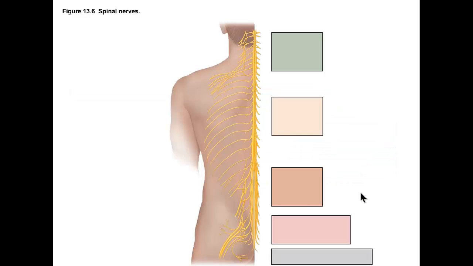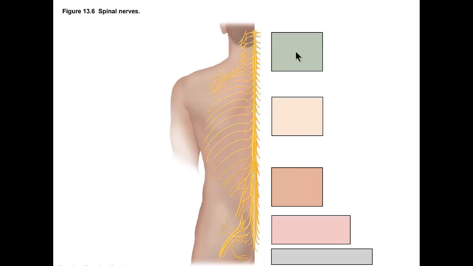Okay, so this is in chapter 13, and figure 13.6 just talks about the different segments of the spinal cord. So it's different than the vertebrae or the spinal column, the bony structure that surrounds the spinal cord. So we have the nerves of the cervical region, and there are 8 of those.